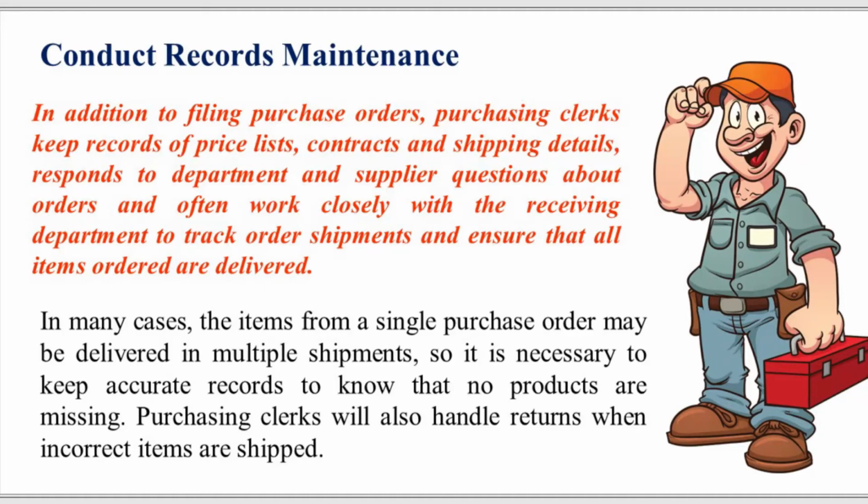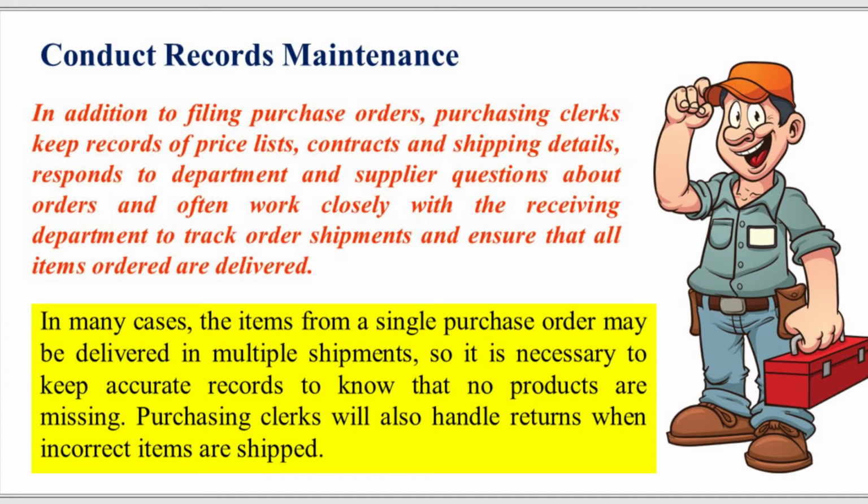Conduct records maintenance. In addition to filing purchase orders, purchasing clerks keep records of price lists, contracts, and shipping details, respond to department and supplier questions about orders, and often work closely with the receiving department to track order shipment and ensure that all items ordered are delivered.